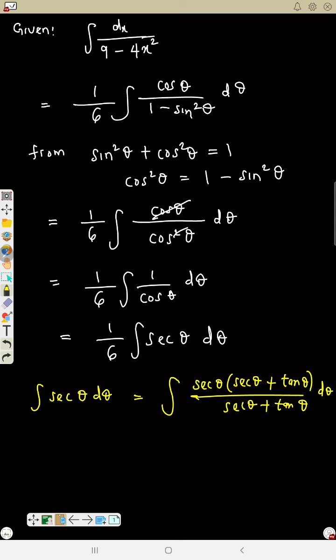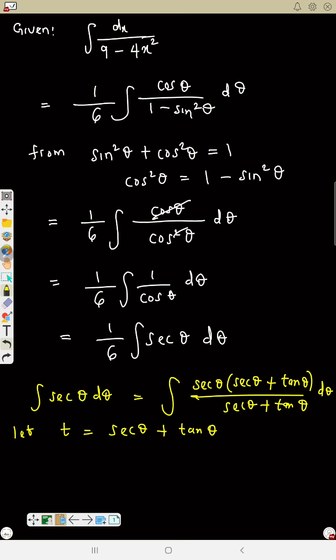So that means I can say let t be equal to sec theta plus tan theta.